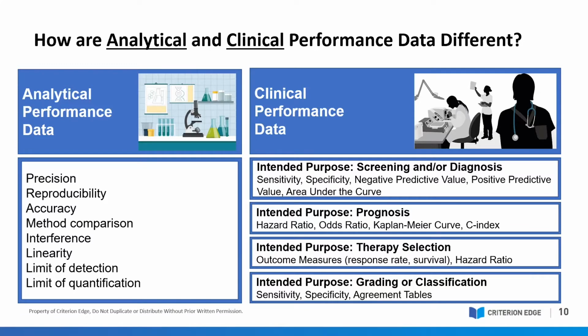Now, these tests performed precisely as intended in an analytical sense. So their analytical performance data may be entirely accurate and reproducible and precise. But in a real world clinical setting, some of these controls resulted in substantially higher rates of false positives than others. So that's why the real world data matters and why IVDR is making this requirement for clinical performance data within the CPR.